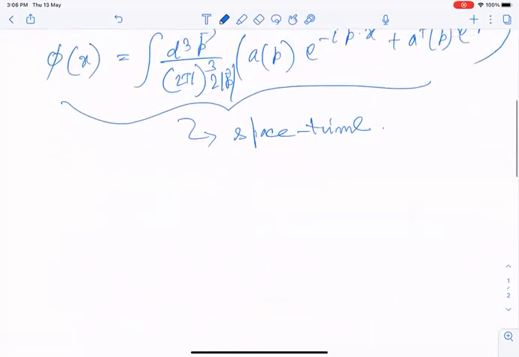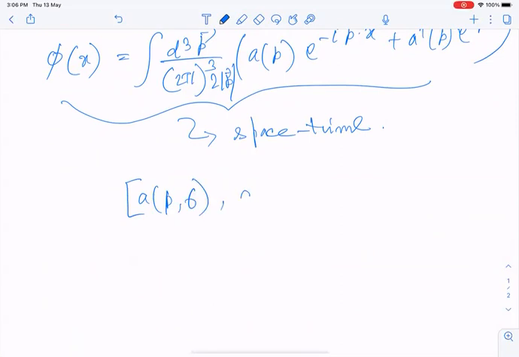Now since it's a free theory, it has the standard Fock space commutator, like A_p sigma and A dagger p prime sigma prime, which you can write as delta sigma sigma prime.